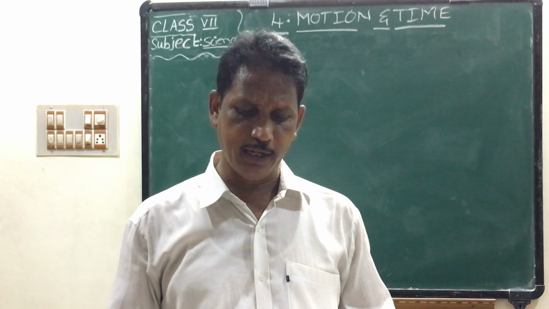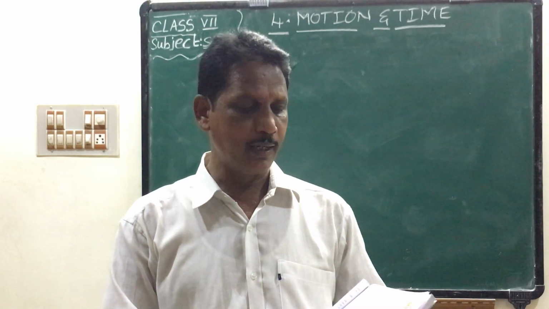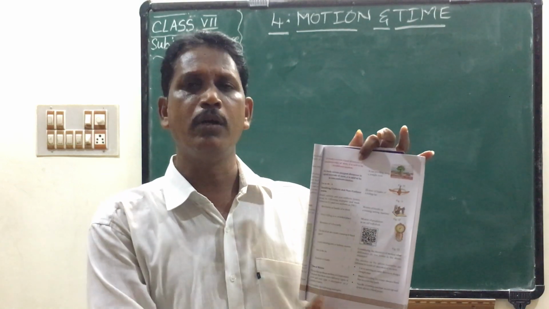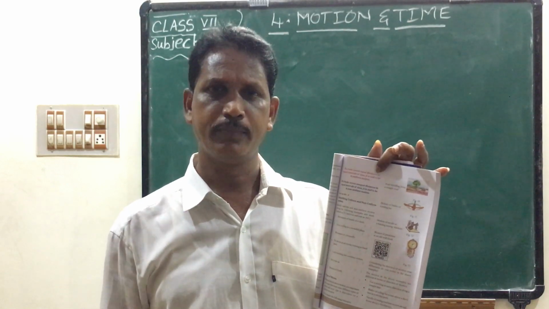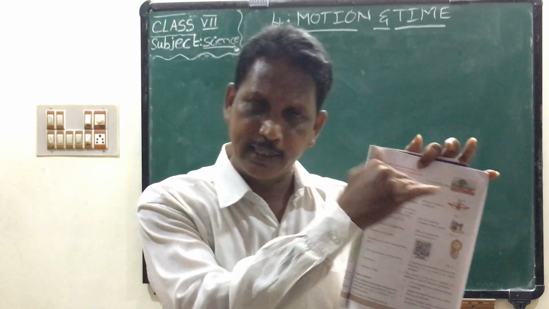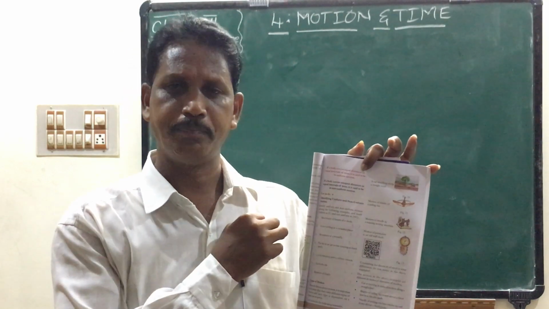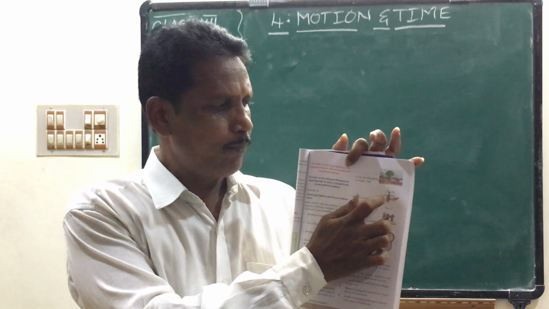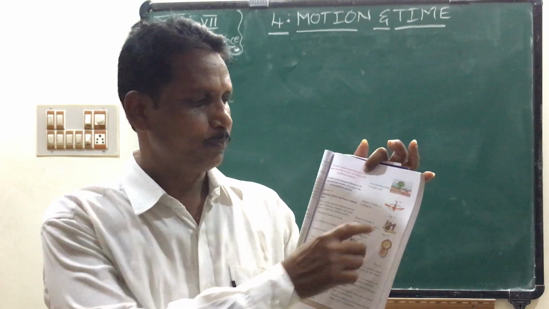The types of motion, page number 31. In the first diagram, the car is in linear motion, or rectilinear motion, or translatory motion. The rotating fan is in rotatory motion.